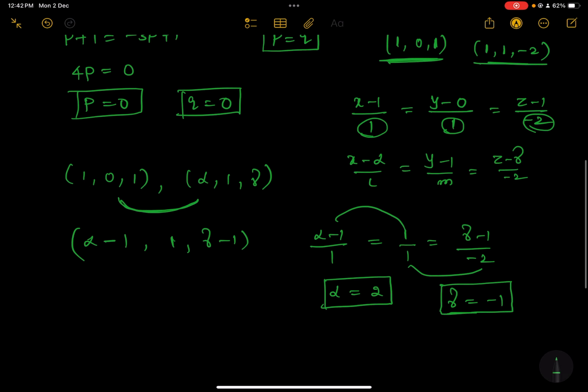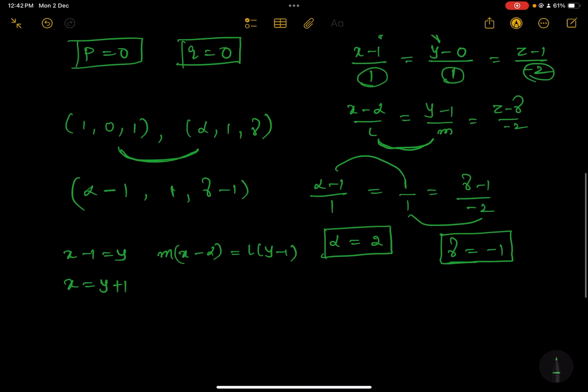Now we have to find out l and m. Alright. So let us equate these two. Then we'll get x minus 1 is equal to y. So x is equal to y plus 1. Let us do the similar thing here. Let us equate these two. (x minus alpha) times m is equal to l times (y minus 1).